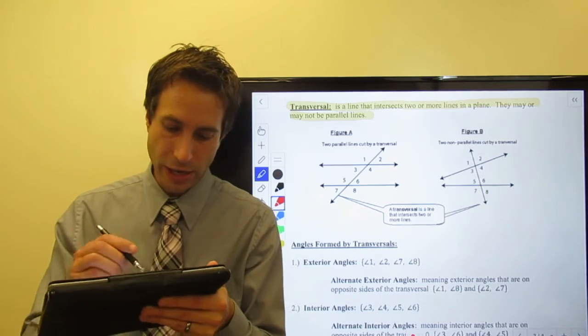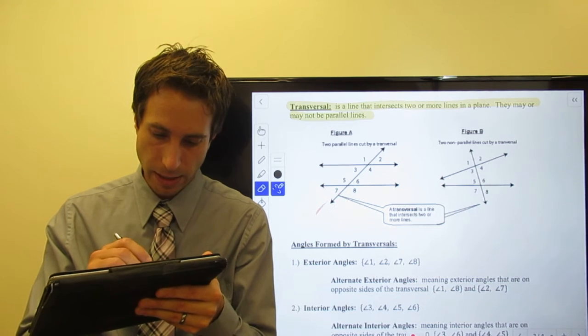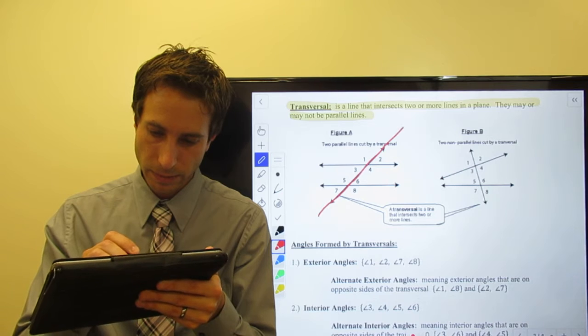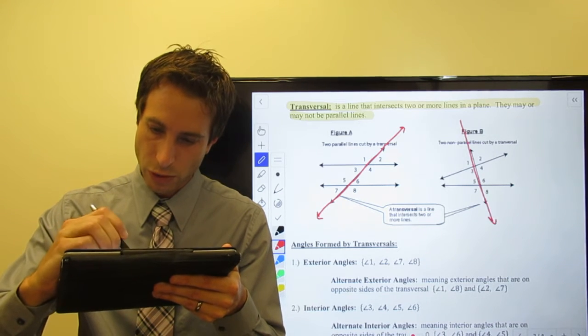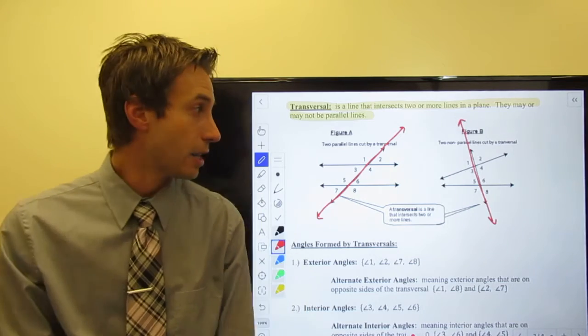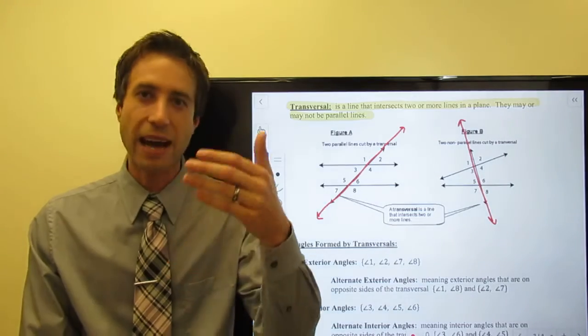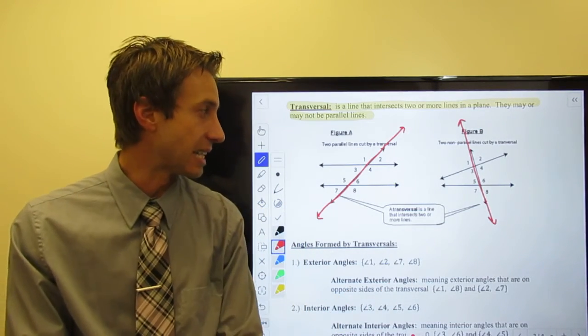So both the lines right here in red are my transversals. Transversal, transversal, all right? So those are my transversals. That's all it means, right? Again, it's a line that intersects two or more lines in a plane.